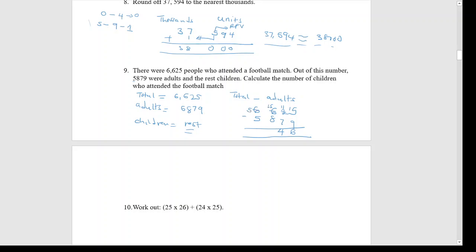Then we bring a 10 to become 15. 15 take away 8, that is 8, 9, 10, 11, 12, 13, 14, 15, it is a 7. Therefore the number of children was 746.